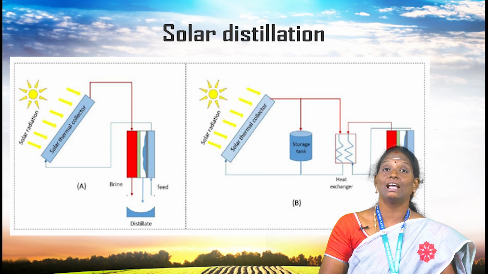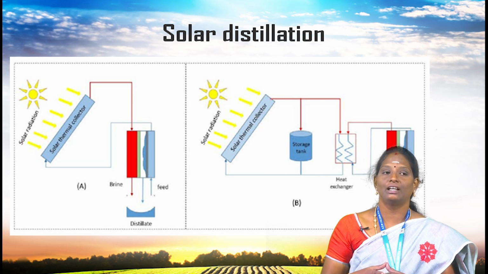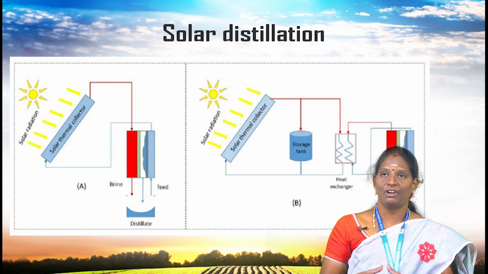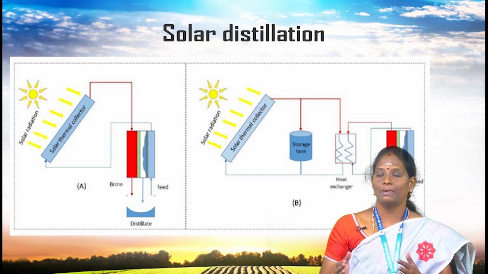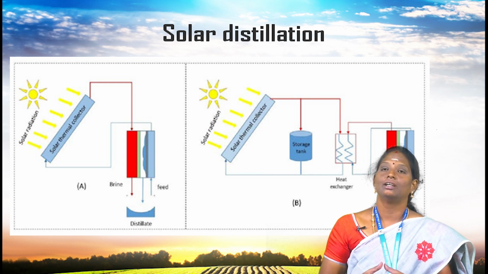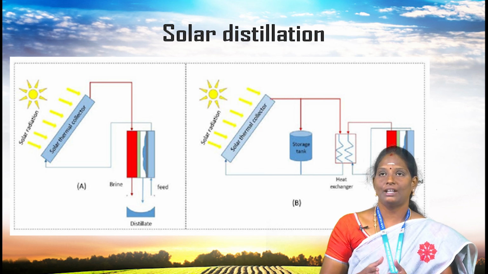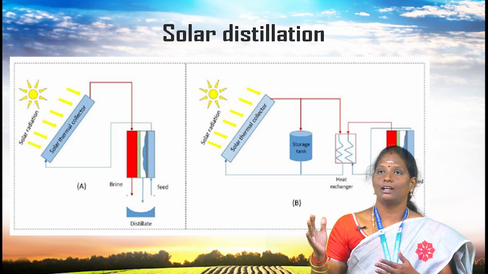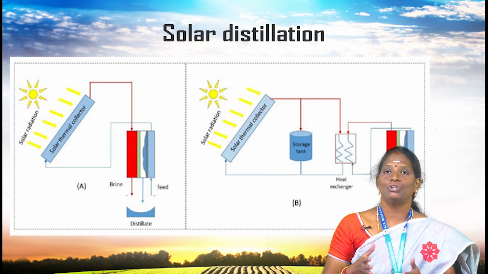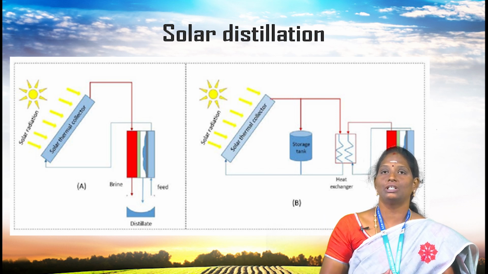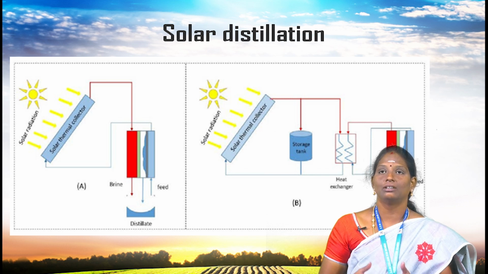Fresh water is necessary for the sustenance of life and is also the key to man's prosperity. It is generally observed that arid, semi-arid and coastal areas are thinly populated and scattered.